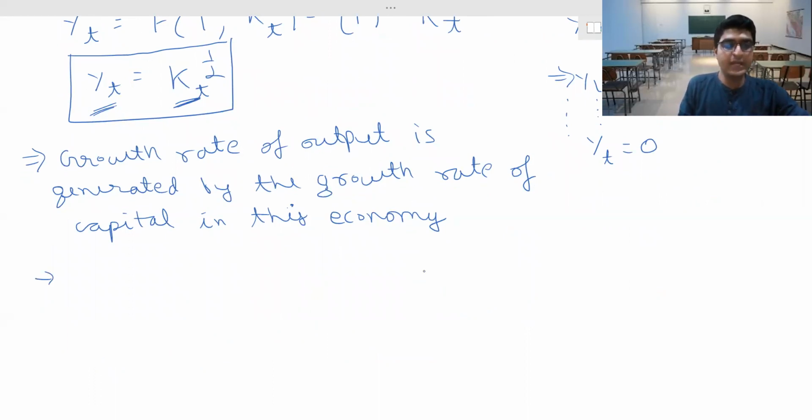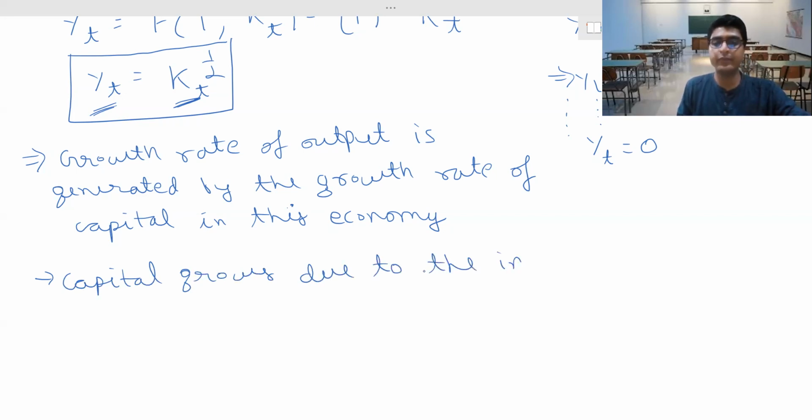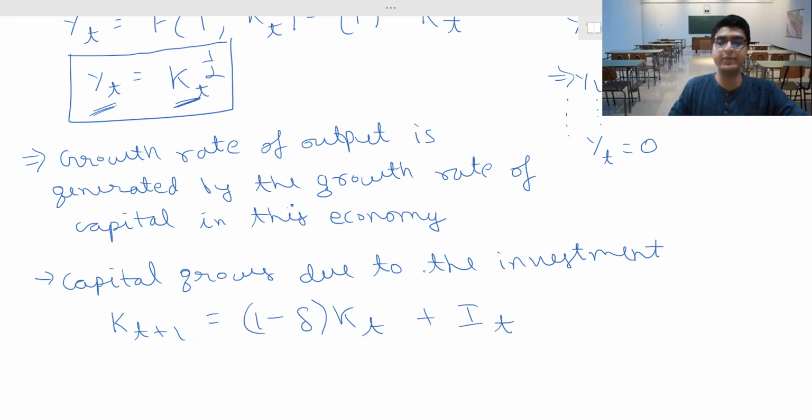And we also know that capital जो grow करेगा, capital grows with the help of what? Investment. Capital grows due to the investment, right? And we know the capital accumulation equation. So K_{t+1} will be equal to what? (1 minus delta) into K_t, that means undepreciated capital plus investment in time period t.